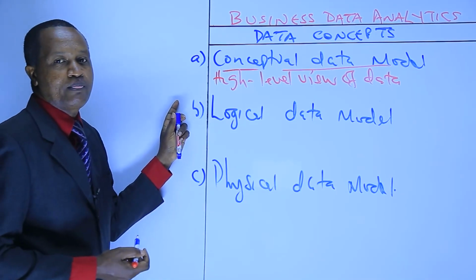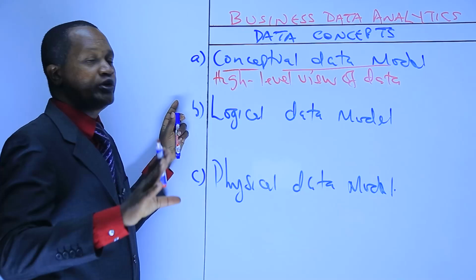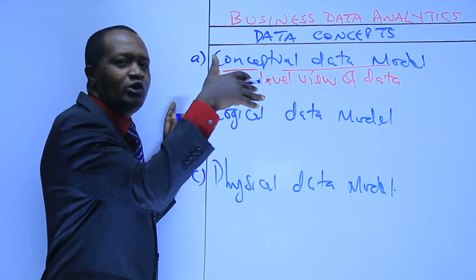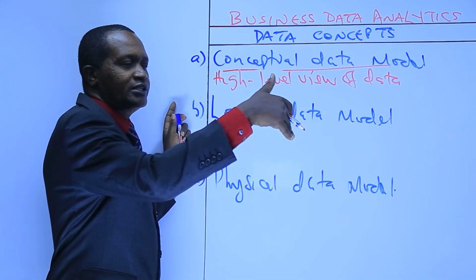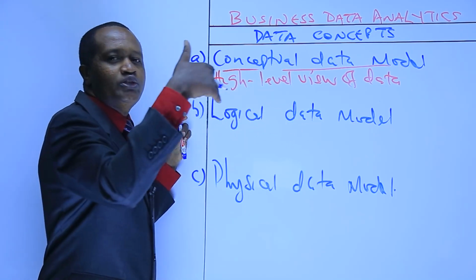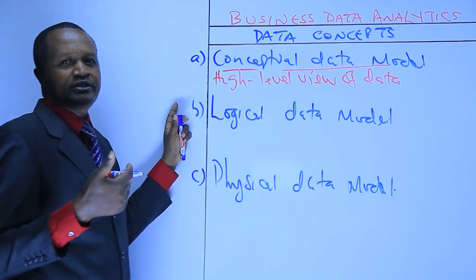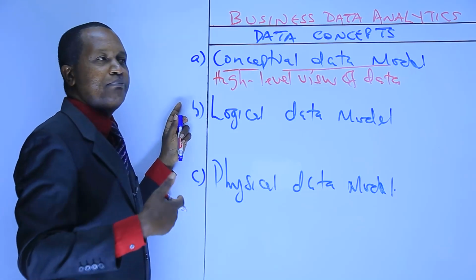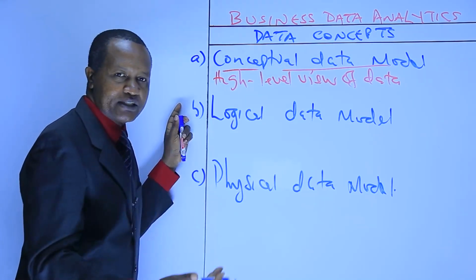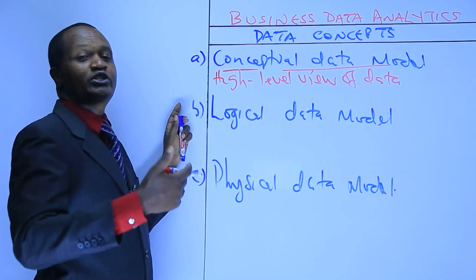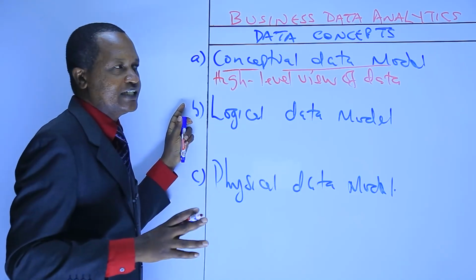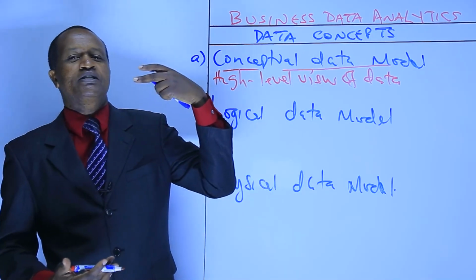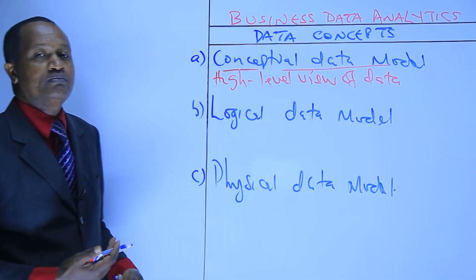Do you understand? Conceptual data model focuses on business concepts on the one hand and the relationships between the business concepts. And I've said that the main purpose of this model is to provide a clear understanding of the data requirements, as well as the business rules of an organization.